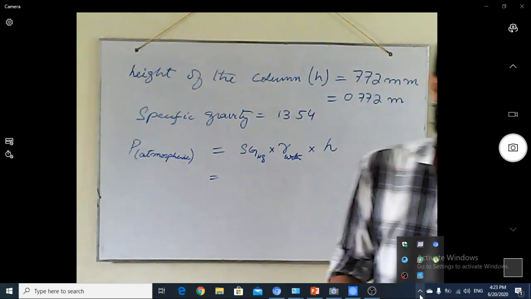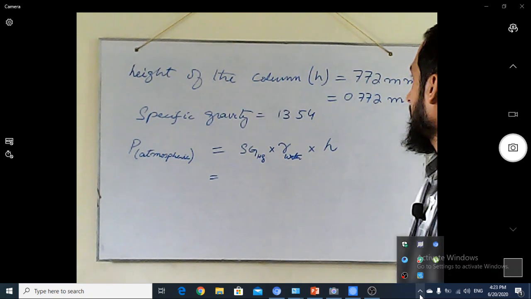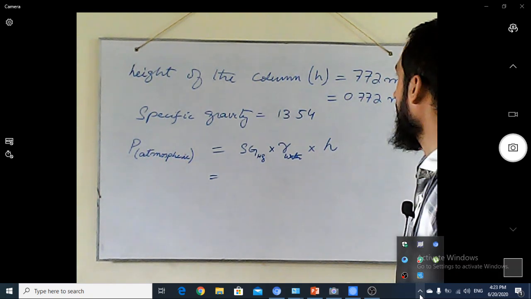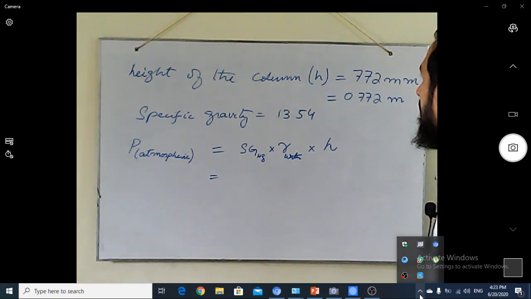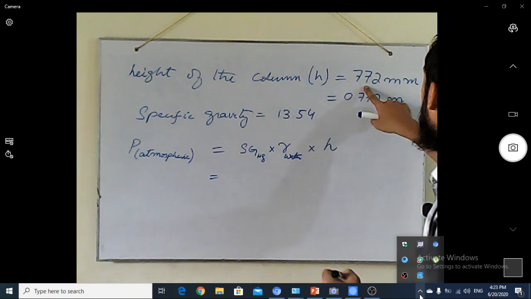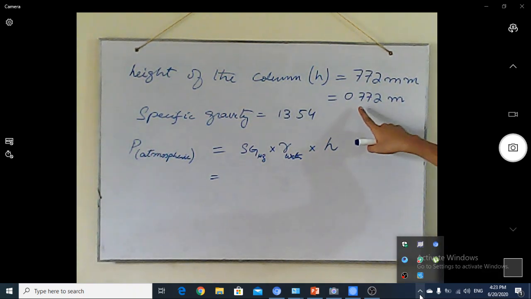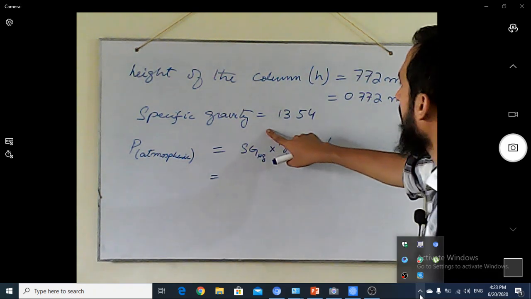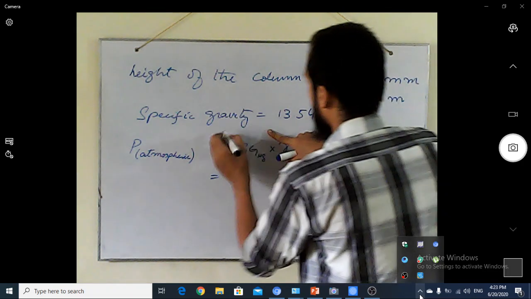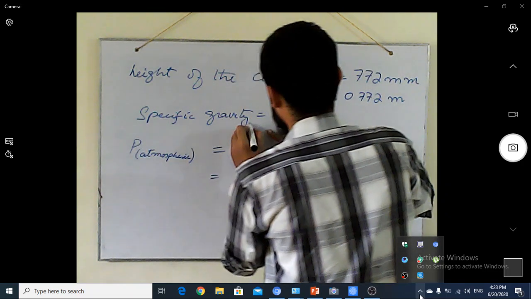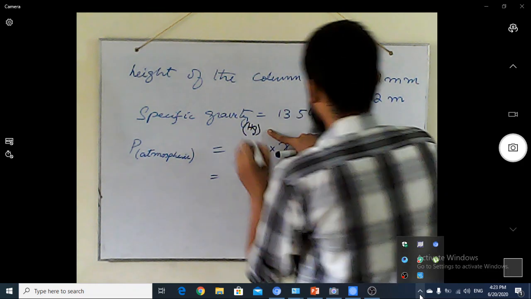This is the data they have given us in the numerical. This is the height of the column, 772 mm, which I converted to meters, equal to 0.772 meters. The specific gravity of mercury is 13.54.